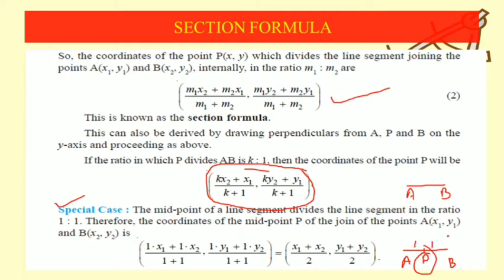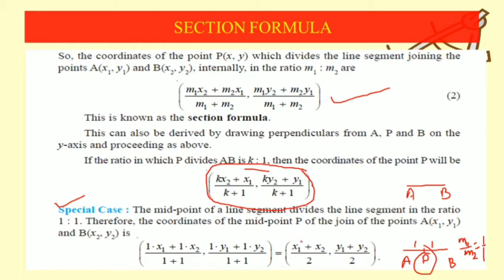Means the ratio m1 upon m2, which we have been discussing till now, will become 1 upon 1. So here in place of m1 we can write 1, in place of m2 we can write 1. So we will get 1x1 plus 1x2 in the numerator and denominator 1 plus 1, and 1y1 plus 1y2 upon 1 plus 1.